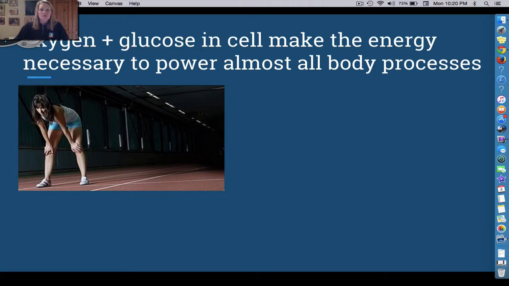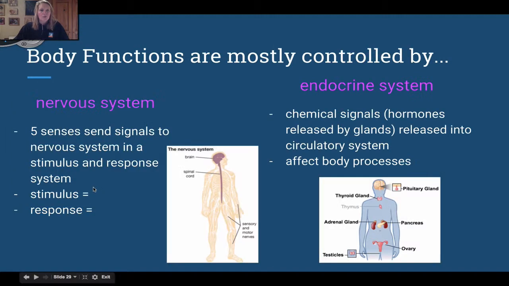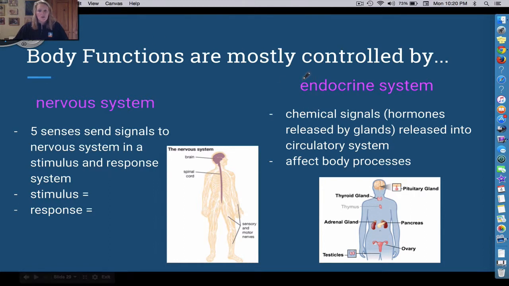Okay, and then just to close it out real quick, all of your bodily functions are controlled mostly by the nervous system and the endocrine system. The nervous system is kind of powered and gets its information from the five senses. The five senses send signals.